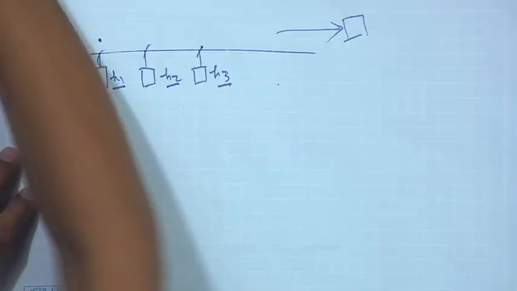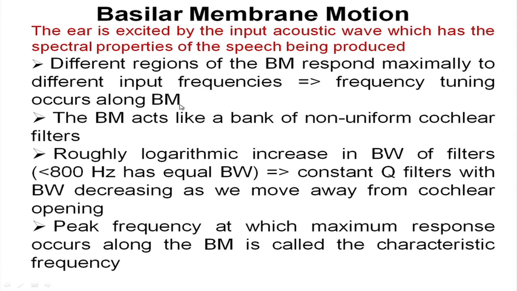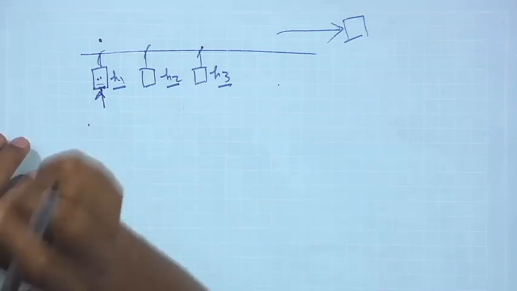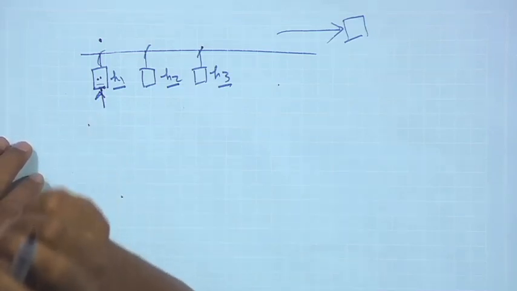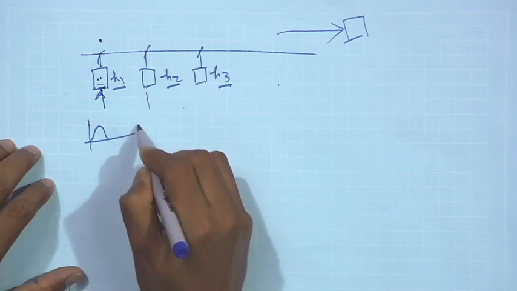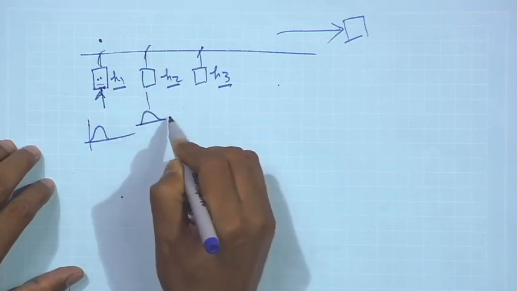Now, think about the engineering model. We said the basilar membrane responds maximally to different input frequencies; tuning occurs at the basilar membrane. So, each tank circuit is responsible for a particular frequency band, which is a constant Q filter. This is a particular frequency band, and this is also responsible for a particular frequency band.